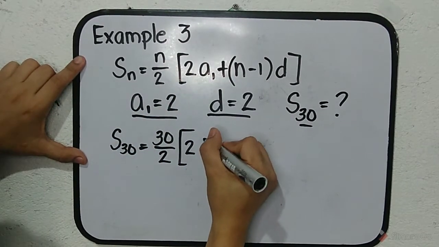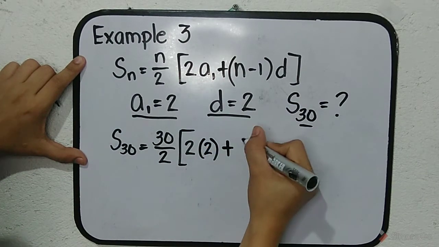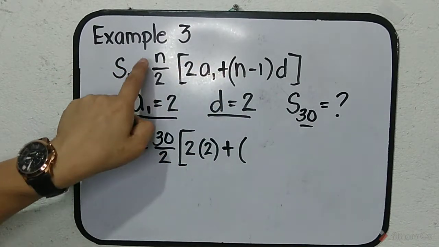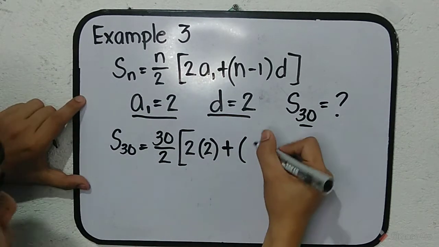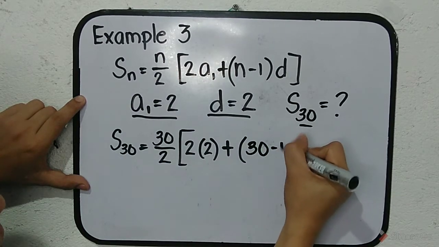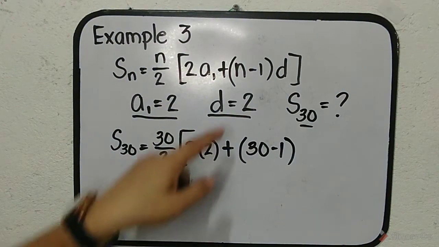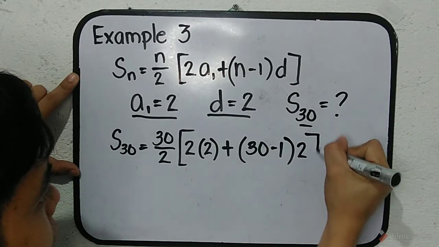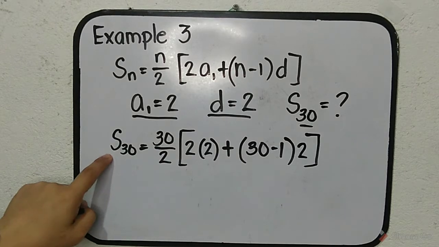So, ilalagay lang natin dito ay 2 plus our n. Once again, ano yung number of terms natin for our n? So, 30. We're going to place here 30 minus 1. Then what is our common difference? We have 2. Okay. We need to simplify these terms para makuha natin yung ating S sub 30.